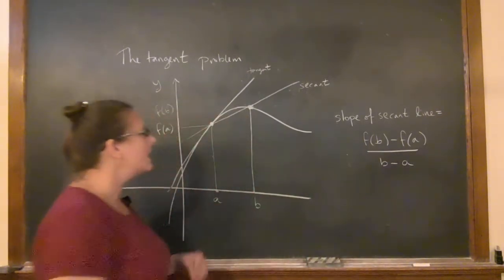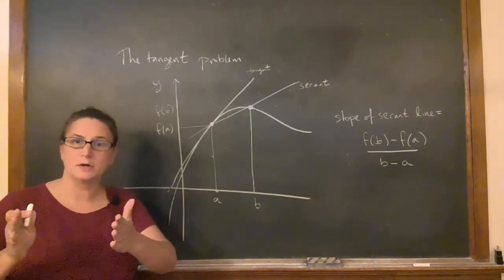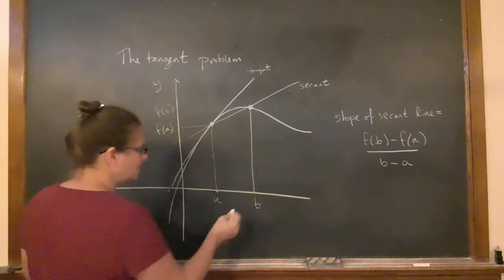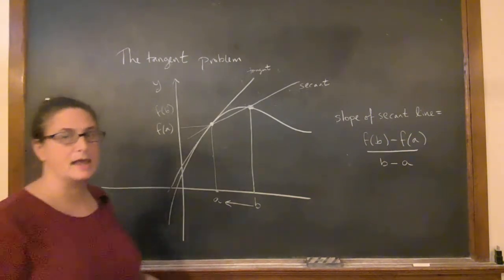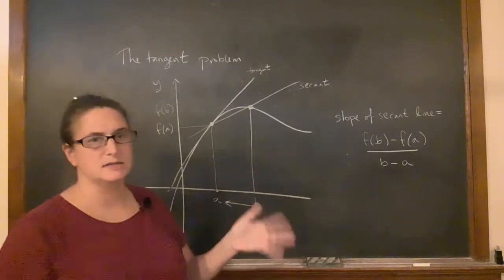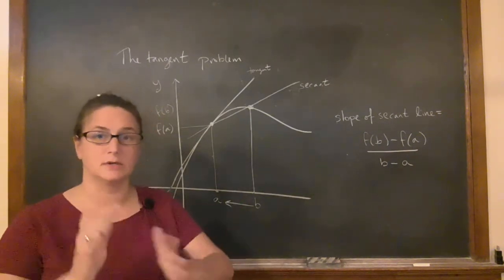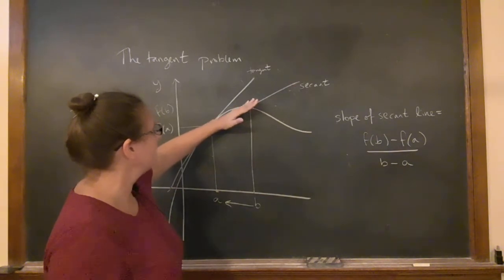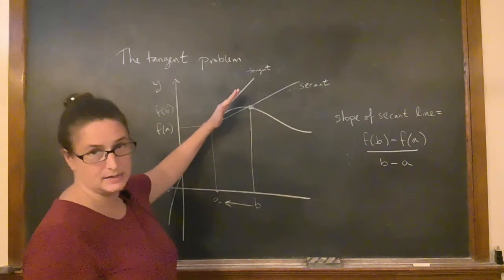Okay? Now, what calculus is going to do, very similar to what we were saying about the delta t, the difference in time going down, we're going to take this point B, I'm going to move it closer. And I'll give you a nice visual later on when we're really talking about this so you can see how this works in real time. And you can imagine as you move this point closer, that line is going to move closer and closer and closer to that tangent line.